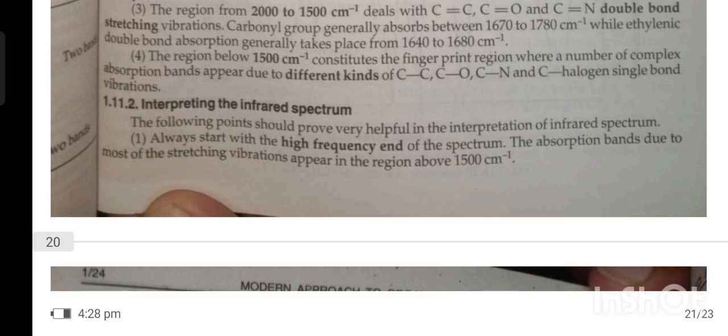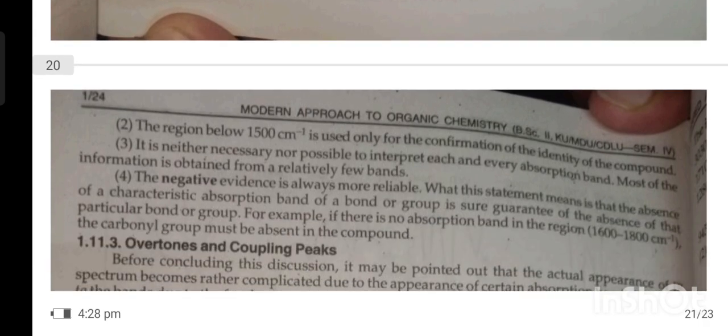Interpreting the infrared spectra, the following points should prove very helpful. First, always start with the high frequency end of the spectra. Second, the absorption bands due to most of the fundamental vibrations are observed in the region above 1500 centimeter inverse. The region below 1500 centimeter inverse is used only for the confirmation of identity of a compound. Third, it is neither necessary nor possible to interpret each and every band.